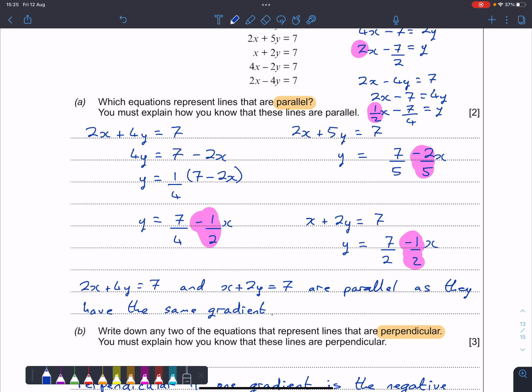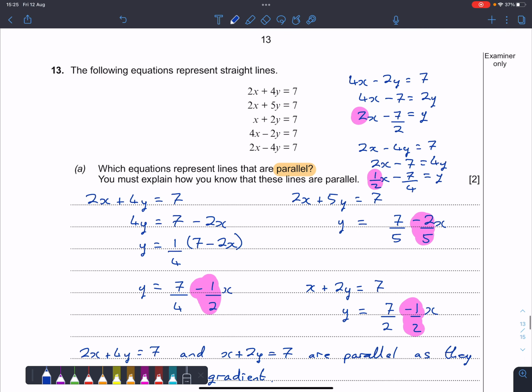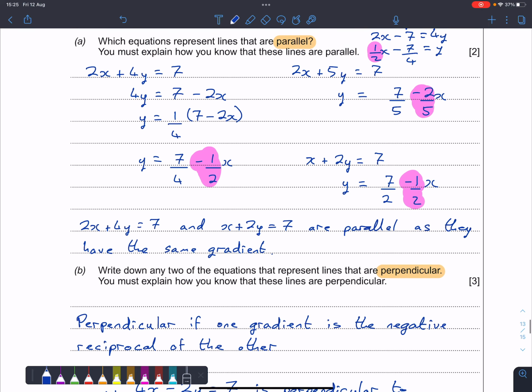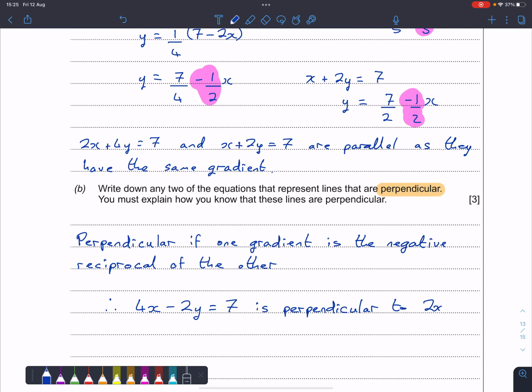Okay, so we'll have 4x minus 2y equals 7 is perpendicular to 2x plus 4y equals 7. And you only have to give one, but I may as well give them both. So, and x plus 2y equals 7.